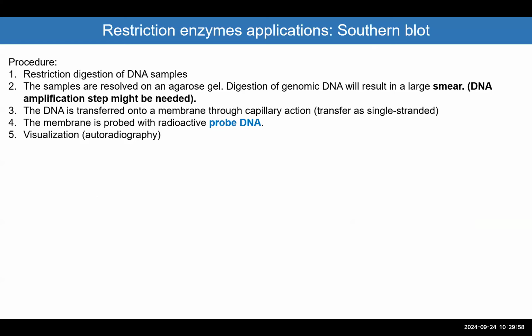Now, I just want to make sure that you guys are aware that the steps are as follows: extraction of DNA, restriction digestion of the DNA, running on the agarose gel, and then most probably we will need to do an amplification step in certain cases. I will discuss this sometime. That's why I put it here in bold for you, because it's going to come at the end of the lecture, particularly if the DNA material is not enough.